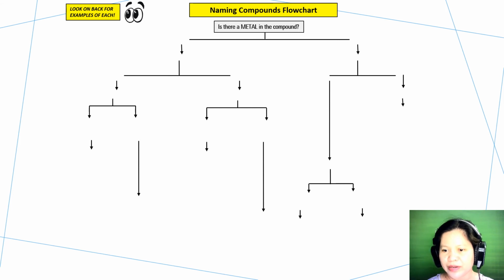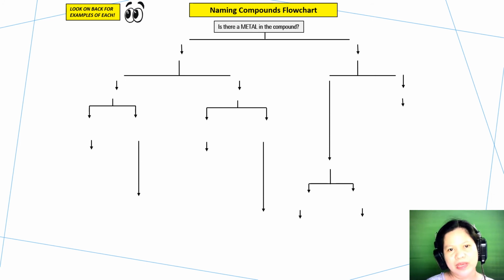How do you know that there is metal? You will be needing your periodic table. Okay? But most likely, yung mga non-metals naman ay nasa group 3, group 4, group 5, group 6, and group 7. Pag kabisado mo sila. Pero pag hindi, kailangan mo ng tulong ng iyong periodic table.